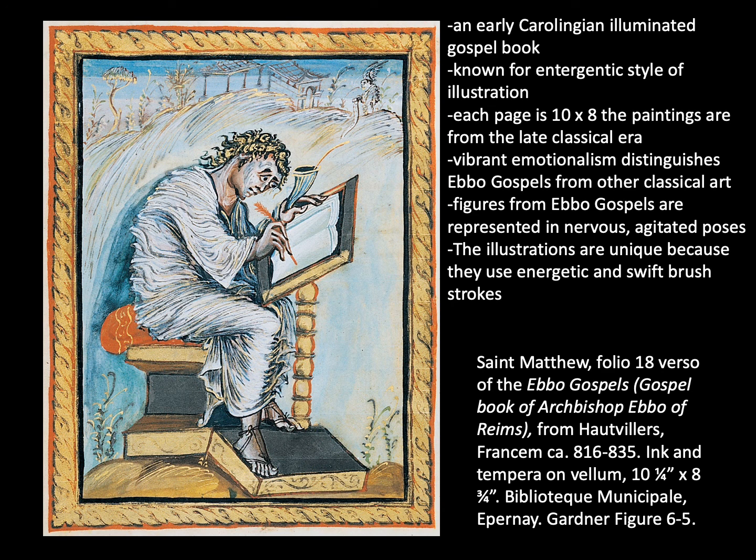In the Ebbo Gospels, we see more of an influence of the German and Germanic cultures and tribes in the north. You see a sense of anxiety on Matthew's face, as if he's tired. He's been writing for a long time, and he's doing it in a great amount of hurry. His hair is very wiry and barbarian-like.